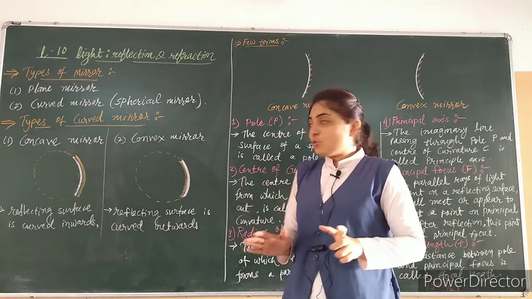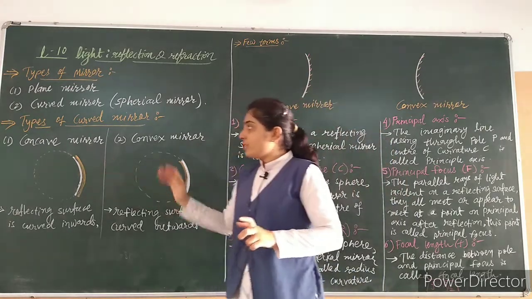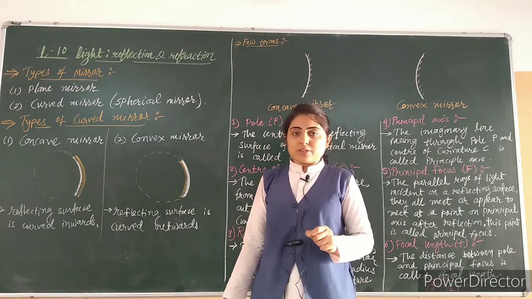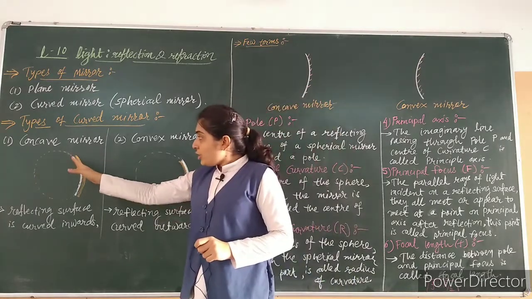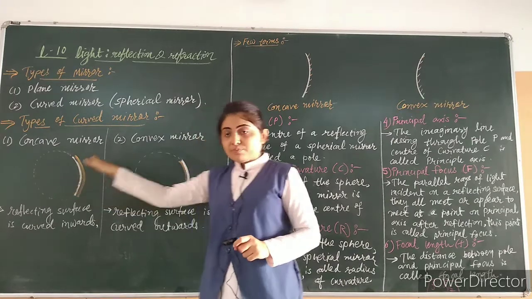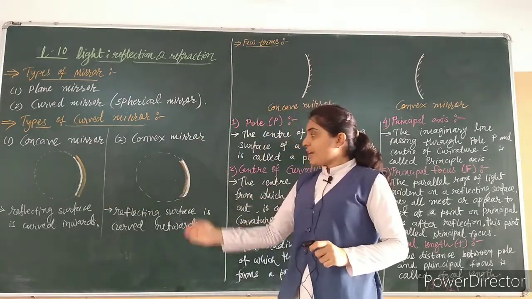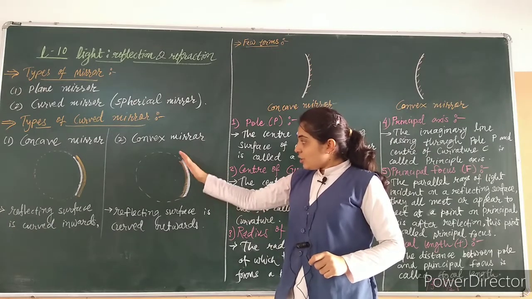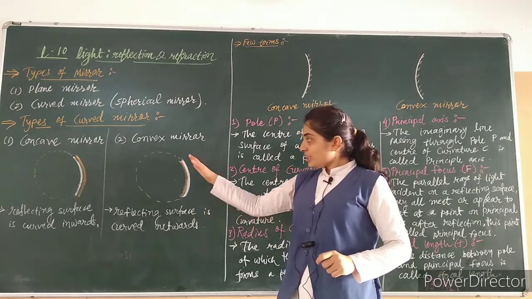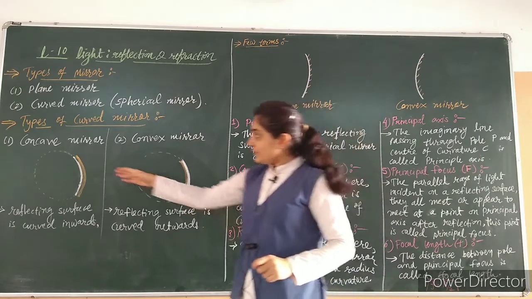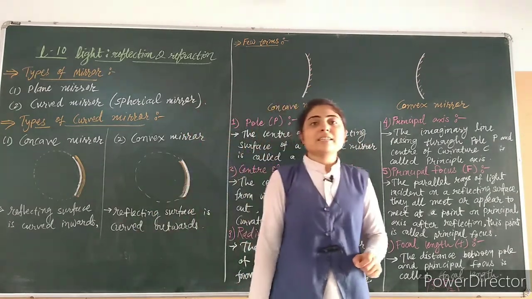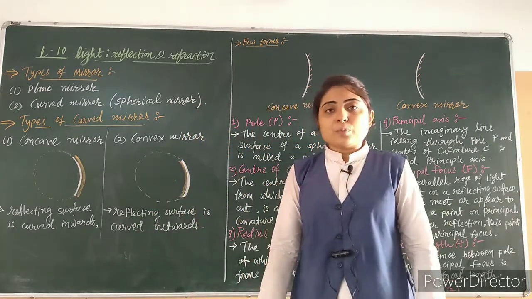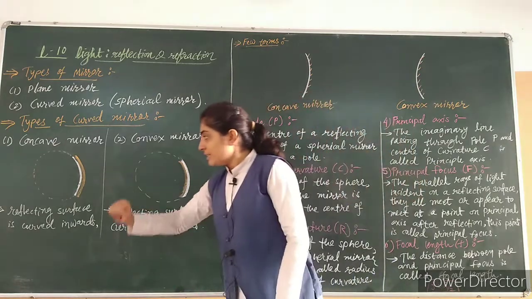So understand the two basic types of mirror: concave mirror and convex mirror. Concave mirror reflects inward and convex mirror reflects outward. Light will be incident on this bulged outside surface, and the concave mirror is curved inside.